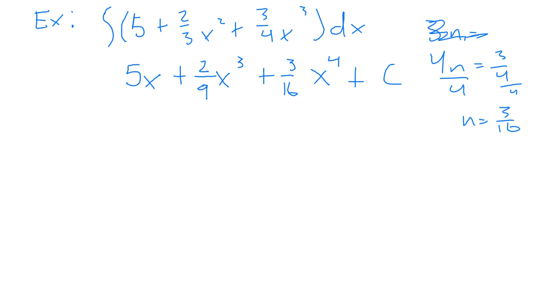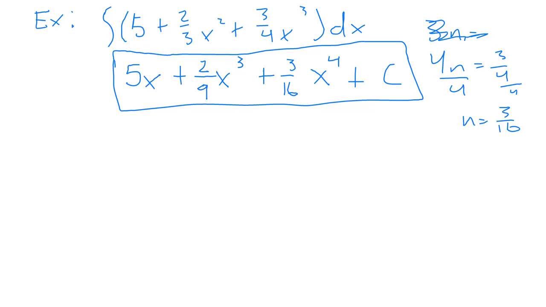So now what we can do real quick is just derive this to double check and see if we're on the right track. If we take the derivative of 5x, that's just going to go down to a 5. If we take the derivative of this 2/9 x cubed, you're going to bring that 3 down. So 3 times 2/9 is going to cancel out to 2/3, and then we subtract 1 from that 3.